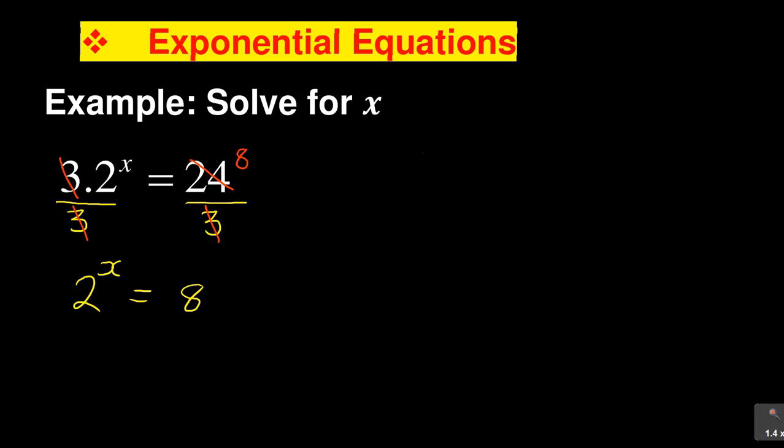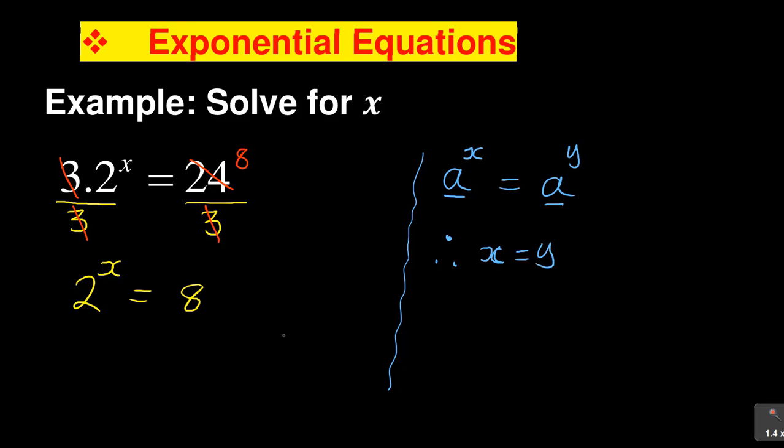Remember, we have a law in exponential equations which says if a to the power of x is equal to a to the power of y, so we have the same base, the base is a on the left and the right hand side, then we can conclude and say, therefore we equate the exponents, whereby x is equal to y. So this is what we want to achieve on our problem.